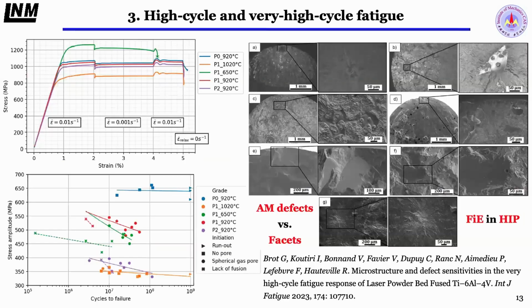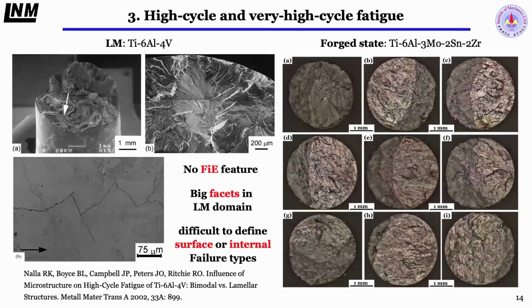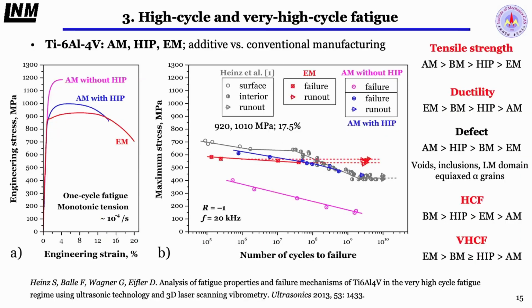We also talk about the result about very high cycle fatigue, like this, compared to the forged state and the laminar result from our research. So I can answer the question like this.